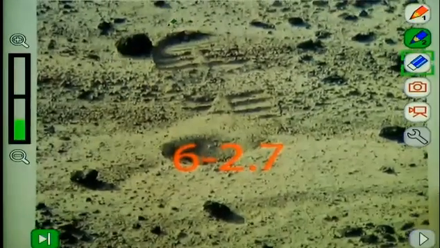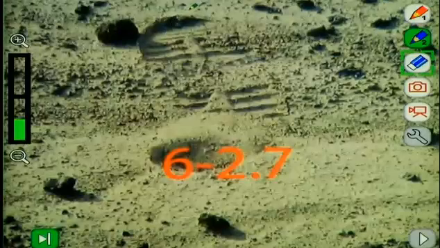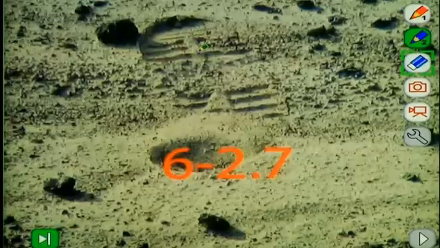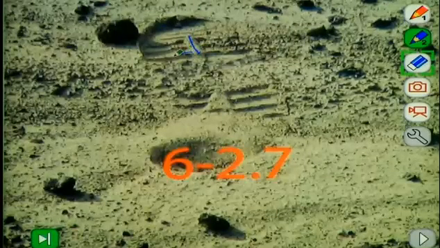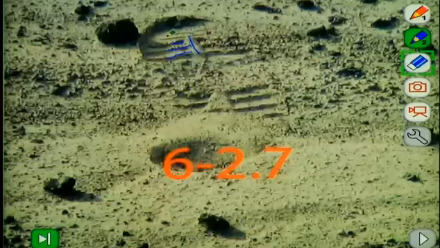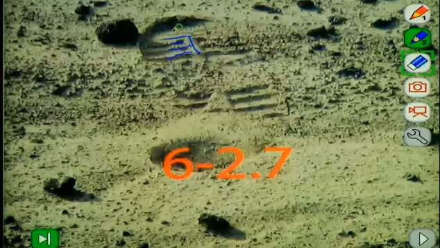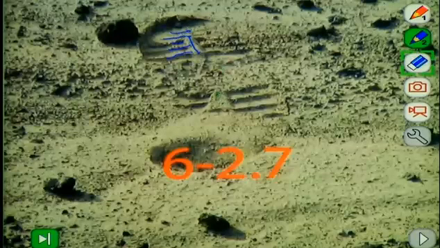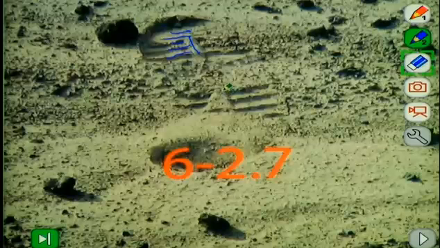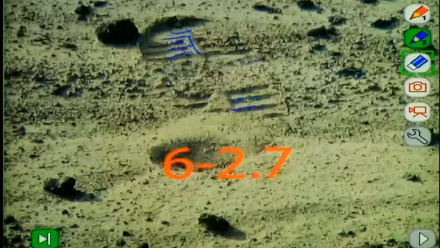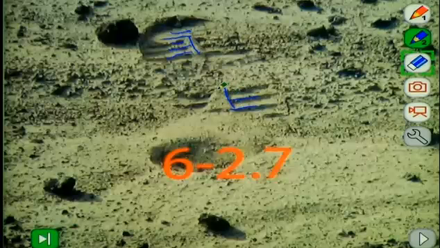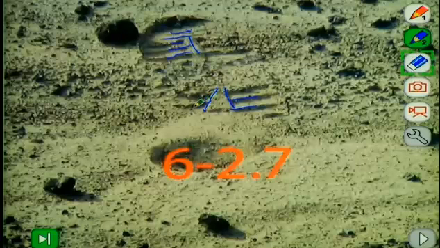We're looking at a partial footwear impression, but in addition to the heel portion we see down here, again, the long line, the lateral lines. Here you can see those small, thinner lines at the back of the heel. We have part of the front of this footwear impression. We have lateral lines. Now we have a thicker area in the middle. We have lateral lines on the other sides.